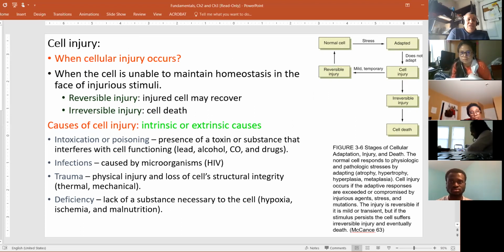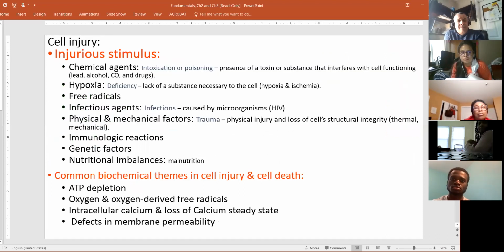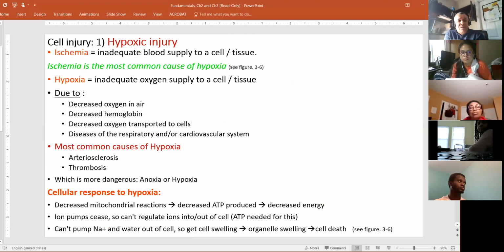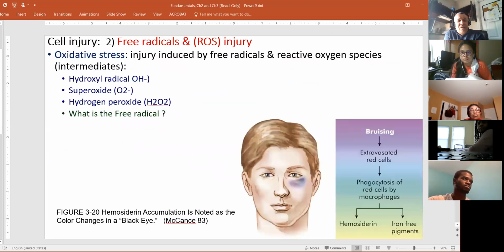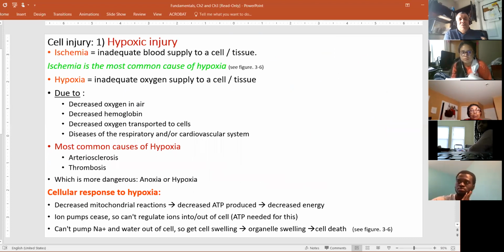So we have two different terms here, hypoxia and hypoxemia. Which one precedes or comes first? Is it the hypoxia or hypoxemia?